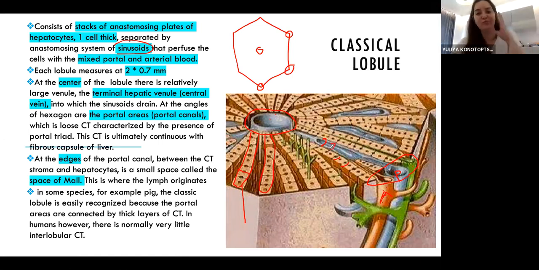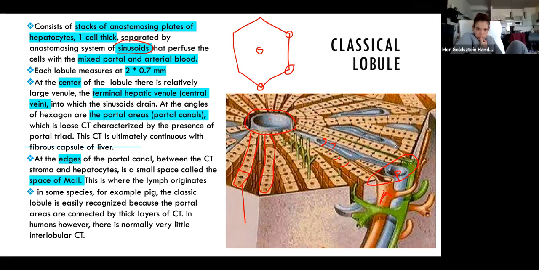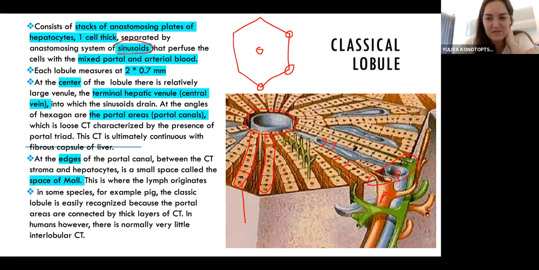So a question for you. Do hepatocytes ever get exposed to pure blood, to the non-mixed blood? No. Never, because you can see that these sinusoids are occupying the majority of the area right next to the hepatocytes.